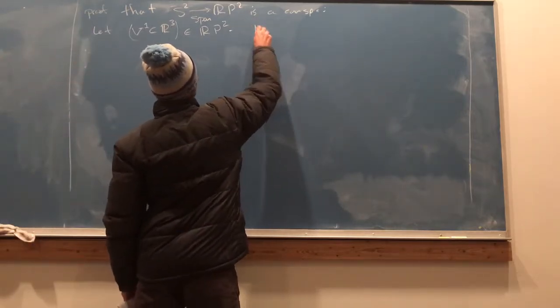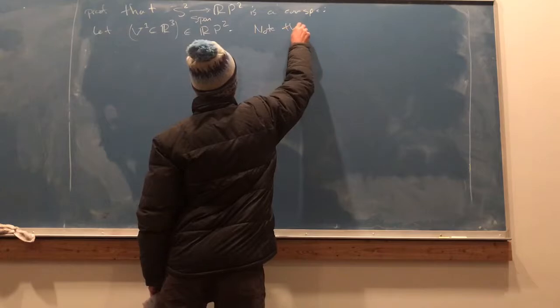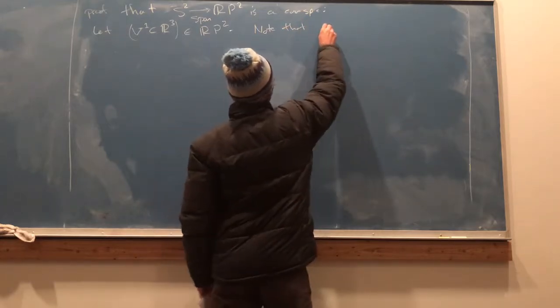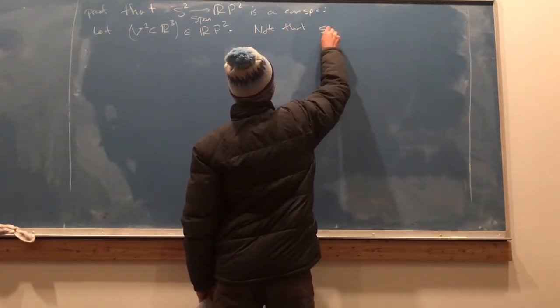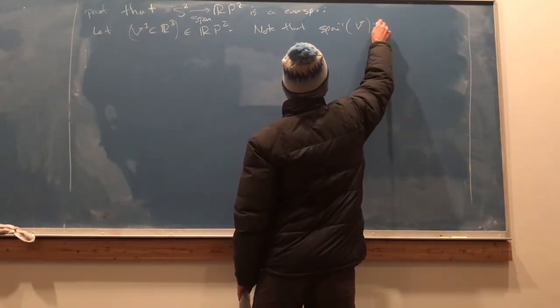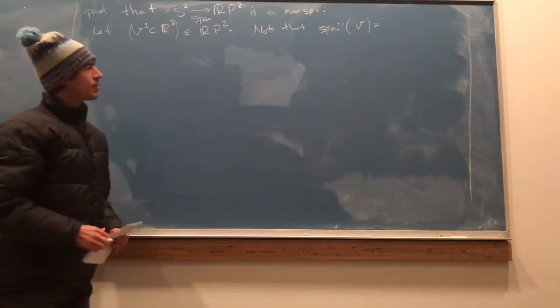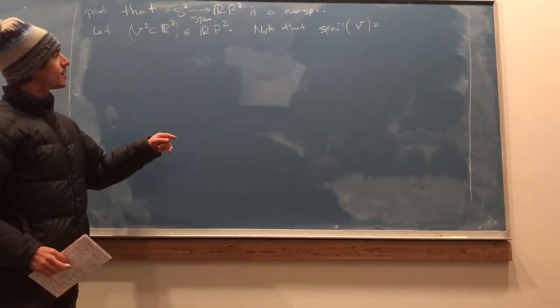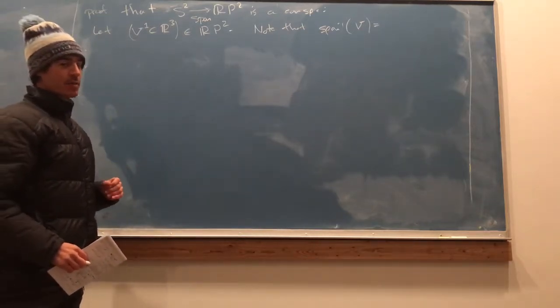Note that in this case, span inverse of this element V is all the unit vectors whose span is the one-dimensional vector space V.